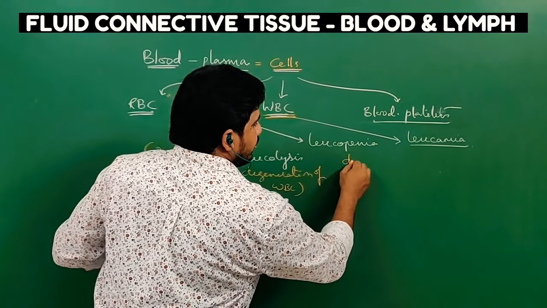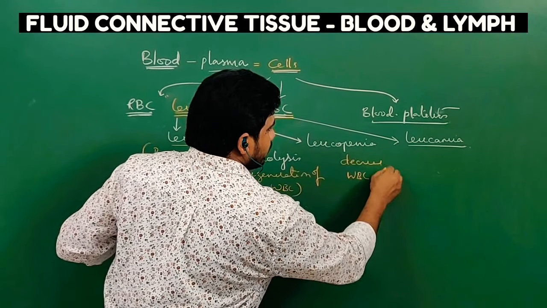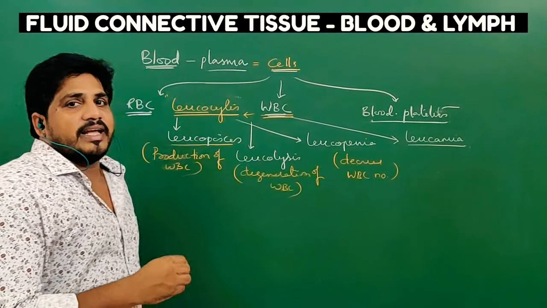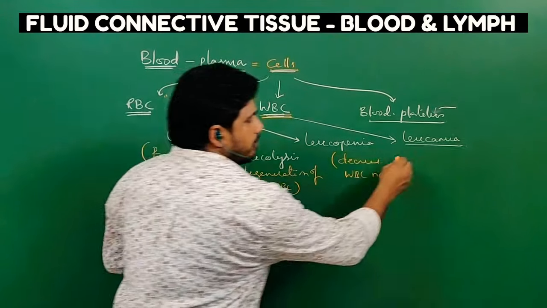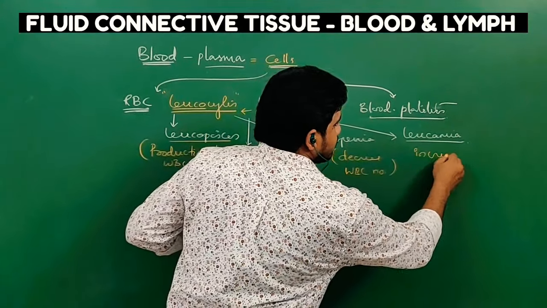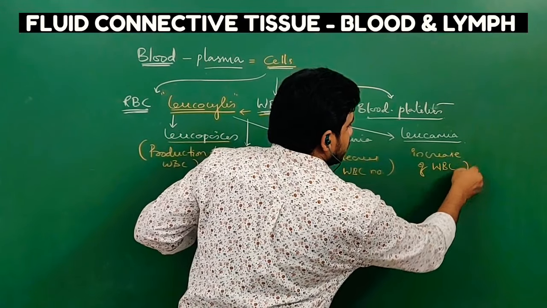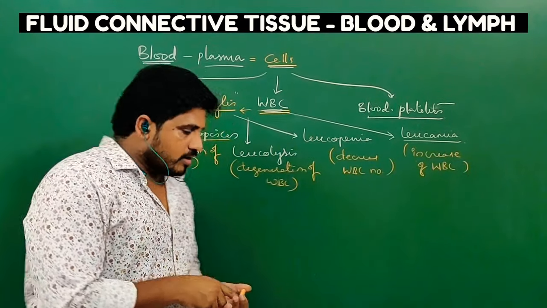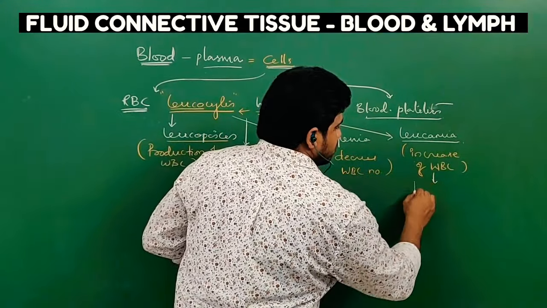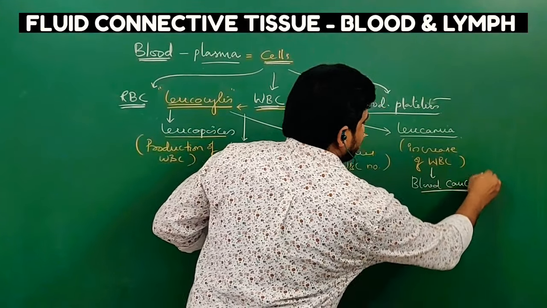Leukopenia means a decrease in WBC number, just like erythropenia is a decrease in RBC number. And what is leukemia? An increase of WBC in number. That is called leukemia. That is also called blood cancer. This condition leads to blood cancer.